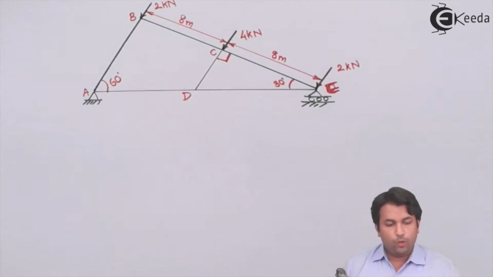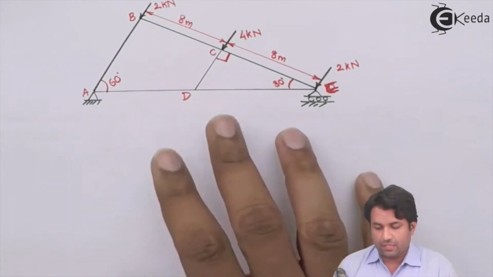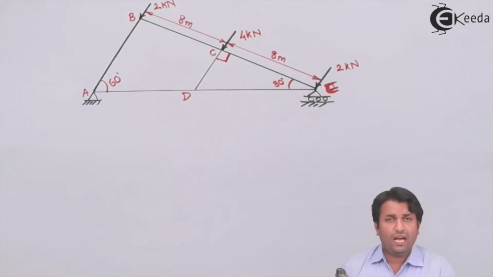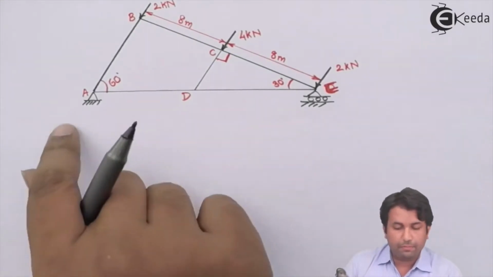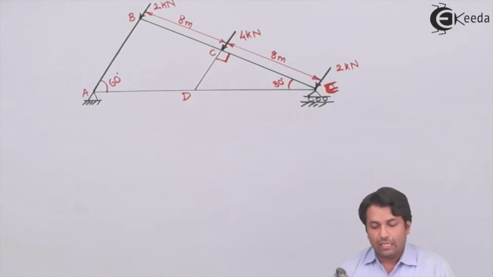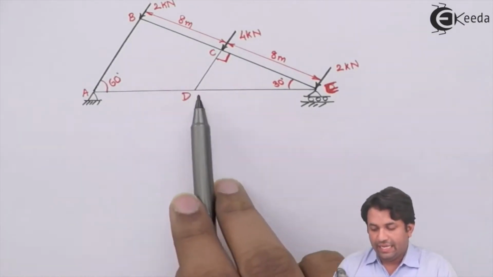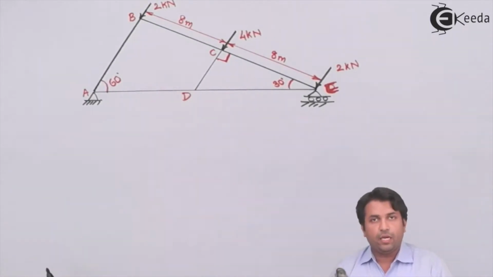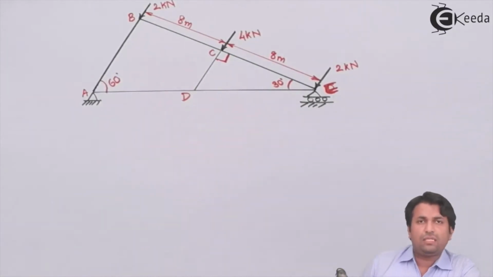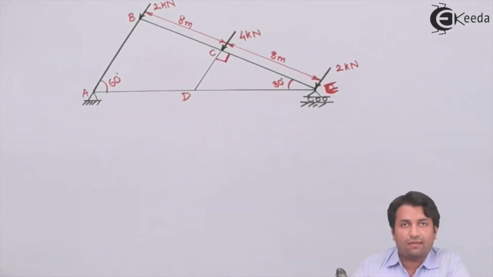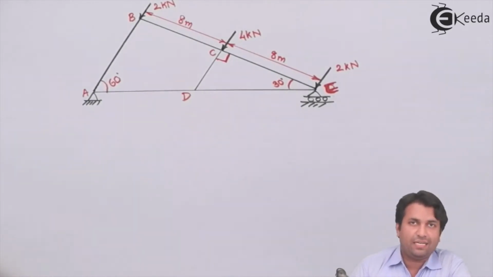Okay friends, now you can see that in this truss, we have to find forces in all the members, that is, force in members AB, BC, CE, DE and AD. So how do we go about this? We have seen that the first step in solving a truss is to find the stability criteria.